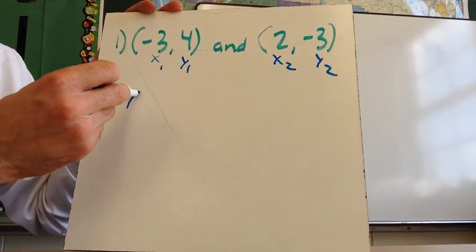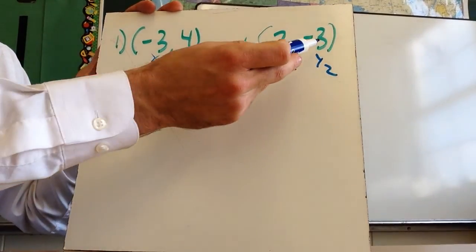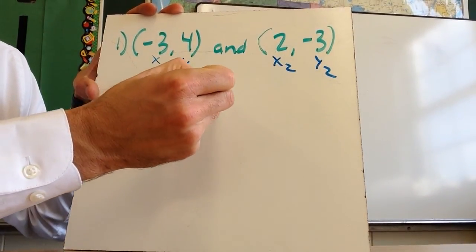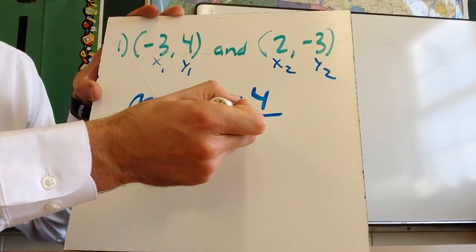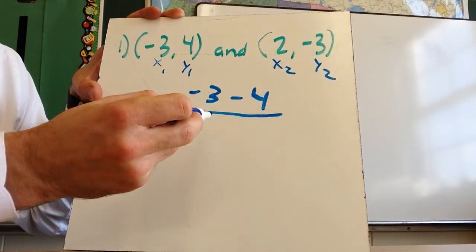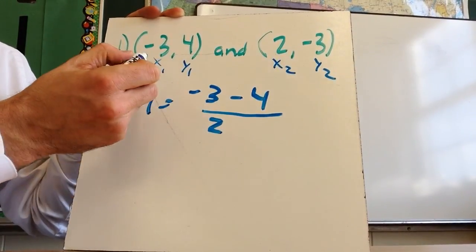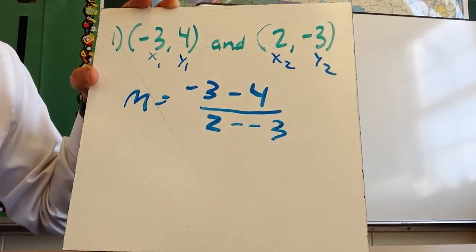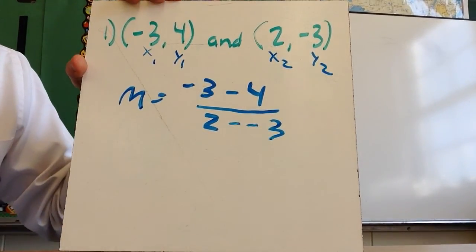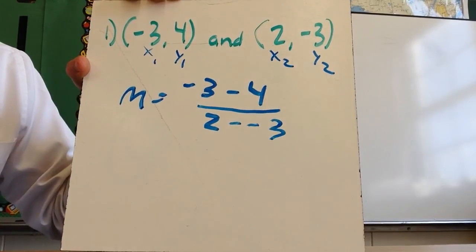Now my formula for slope was y2, so that's this one, negative 3, minus y1, which is 4, over x2, which is 2, minus x1. On purpose, I'm going to write it as minus negative 3. Now, at this point I'm going to want to think about simplifying.